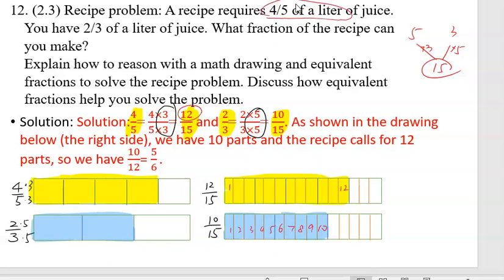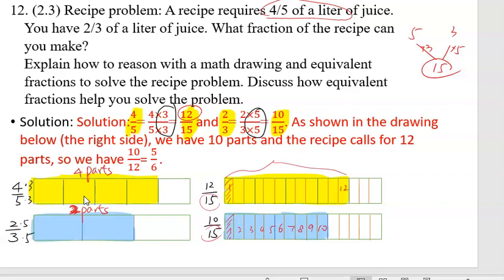Originally we had 4 parts, and we had 2 parts, and we couldn't say 2 out of 4 because they had different sizes. But now, whether yellow or blue, they have exactly the same size, which is 1/15.